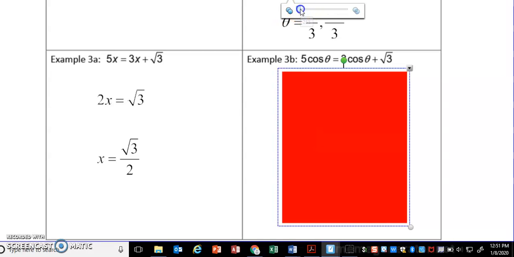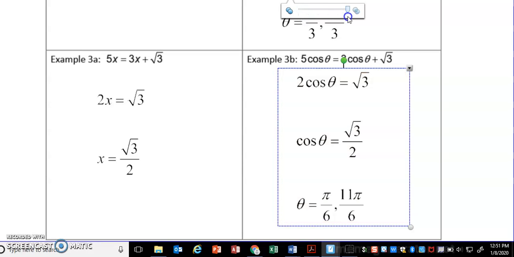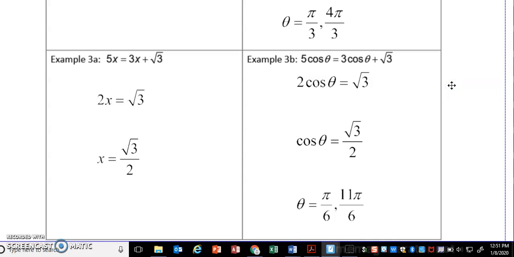We should find that we get pi over 6 and 11 pi over 6. Again, we're looking at an interval between 0, including 0, to 2 pi, not including 2 pi.